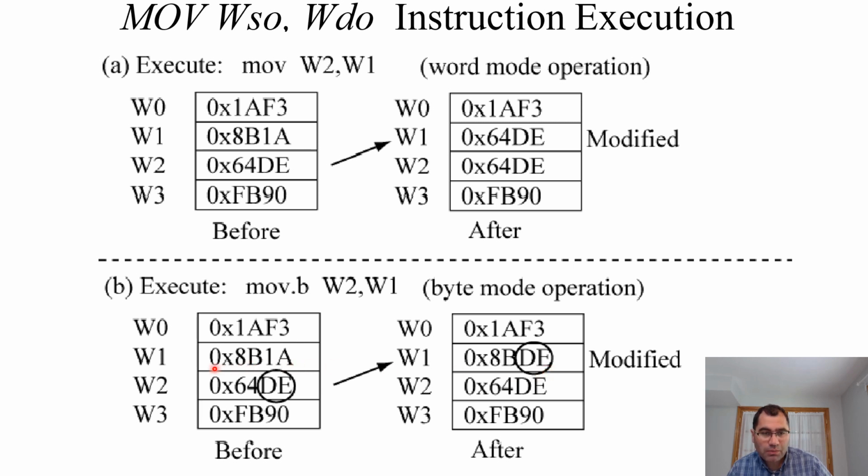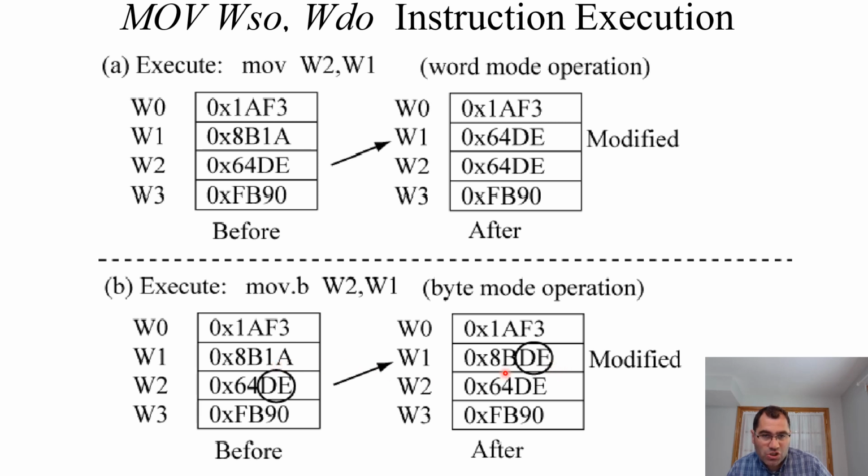Before, in W1 we had 8B1A. We copied one byte here. The only thing changed is here: instead of 1A, now we have DE.